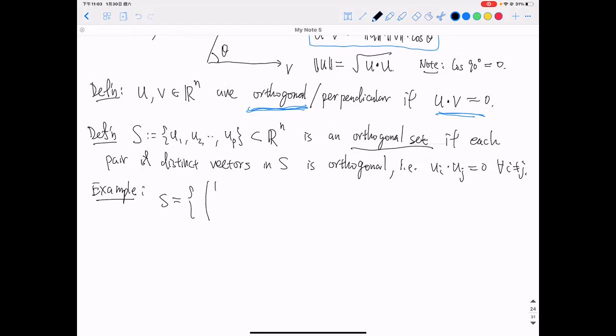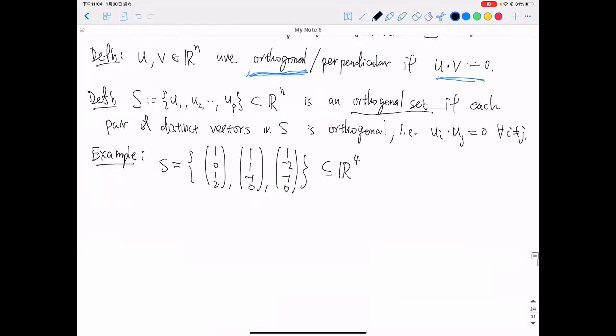Consider the following collection of three vectors: 1, 1, minus 1, 0; 0, 1, minus 2, minus 1; and 1, 0, 1, 0. Okay, these three vectors are vectors in R4, and let's call them U1, U2, and U3.